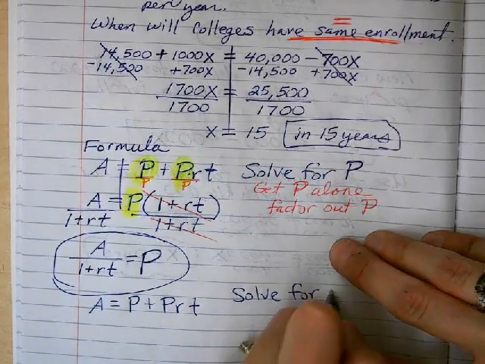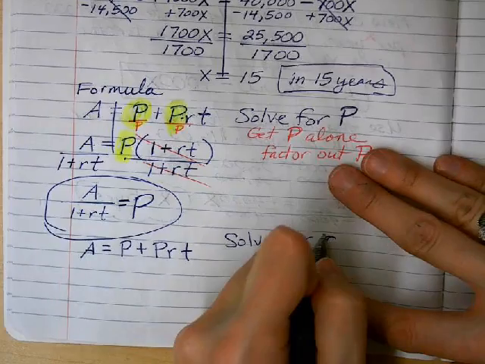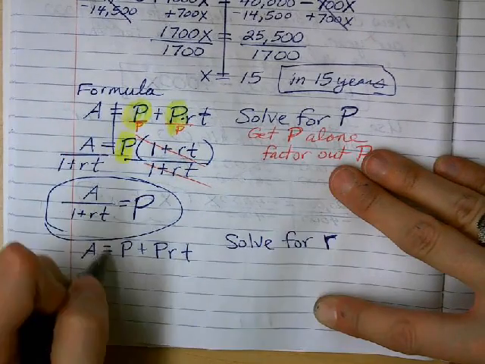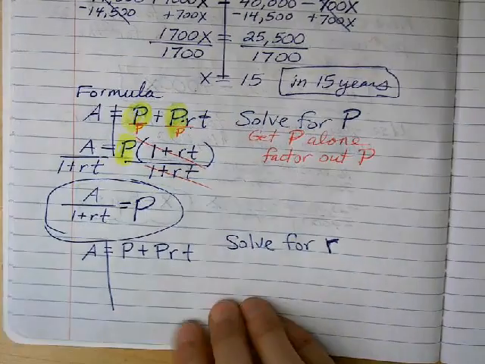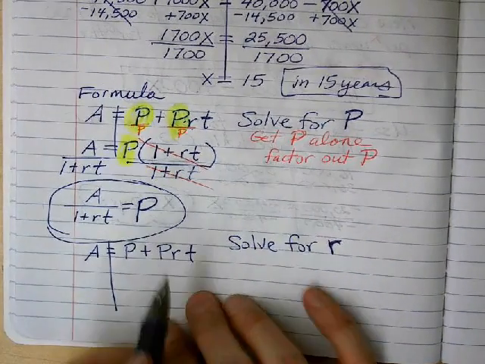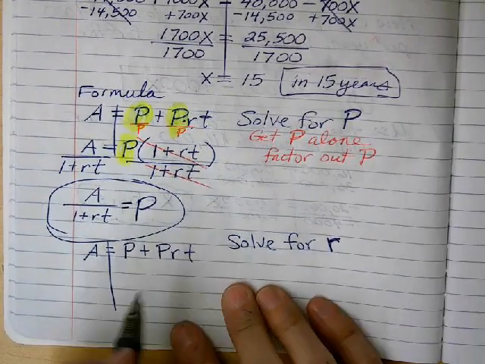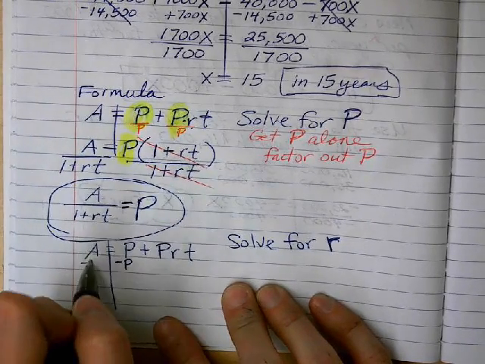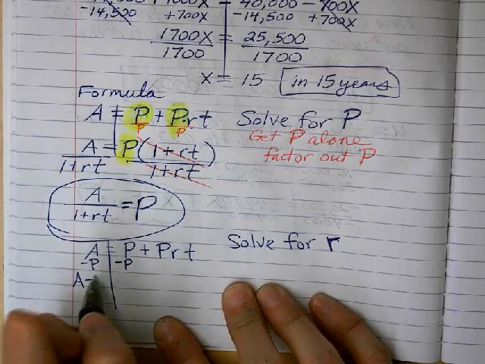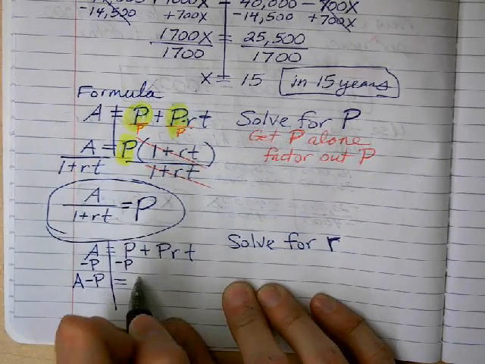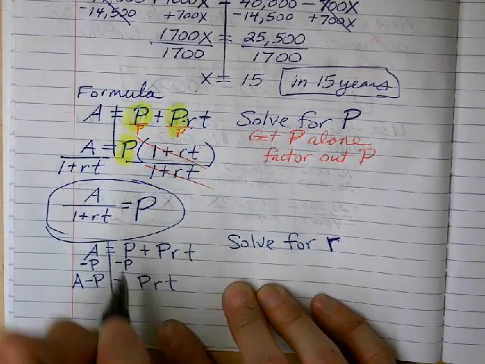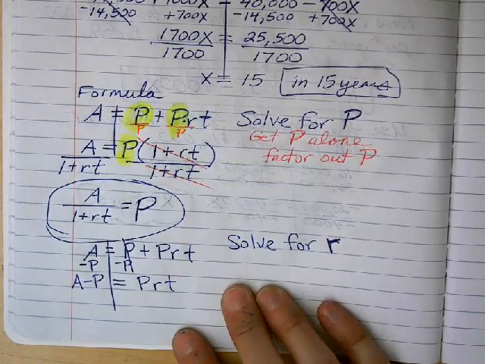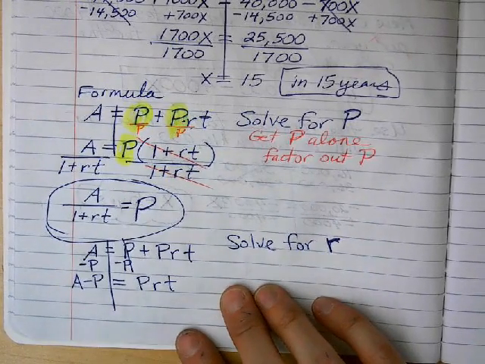Then it's different, I don't have to factor out the P this time. If they say solve for R, I would just minus this first letter P and bring it over here. See, it's different if it's not solving for the double letter. If it's not solving for that double letter, you can just subtract the first big letter P and bring it to the other side.